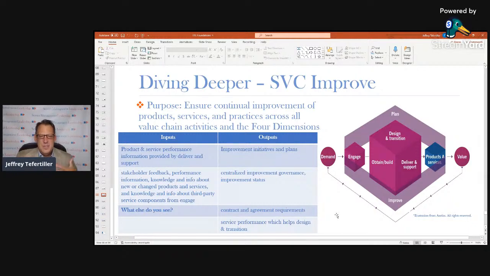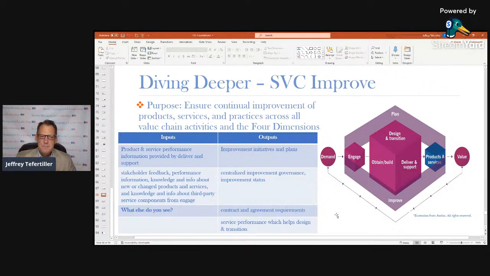And so what else do you see? I see a lot of inputs, right? So your improve could be how you obtain and build, how you engage, how you design transition. You see how that is a lens like my glasses that you see through. Some of the other outputs are contract and agreement requirements, because if you're obtaining and building from a third party, maybe you want to improve how you do your agreements.